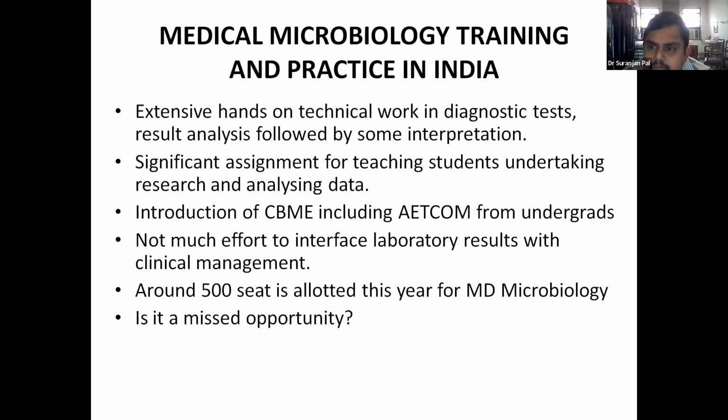Why not, this time, as clinical microbiologists, get proactive, go to the ward, and collect the clinical data, not dependent on this incomplete requisition form? So ideally there should be some clinical posting for these residents, to get a taste of clinical microbiology.